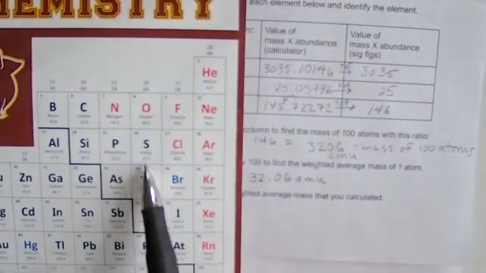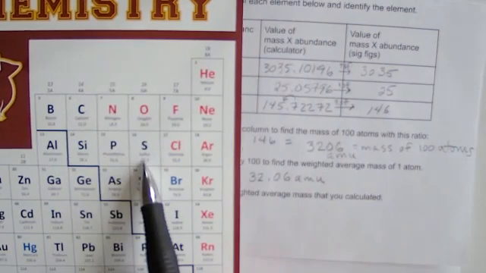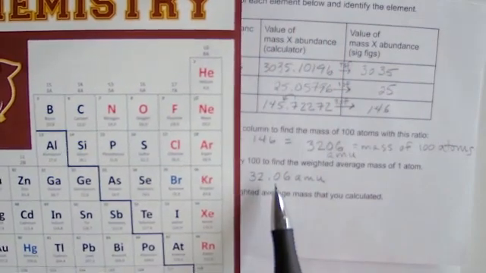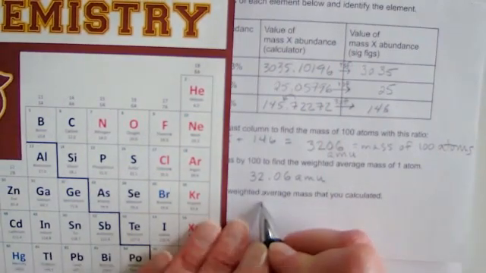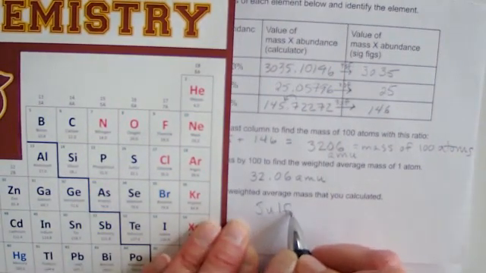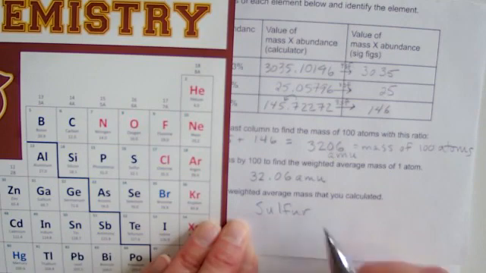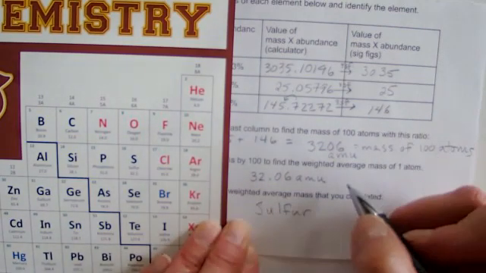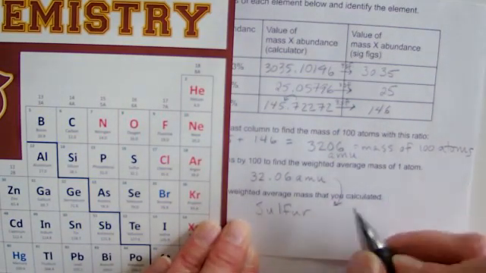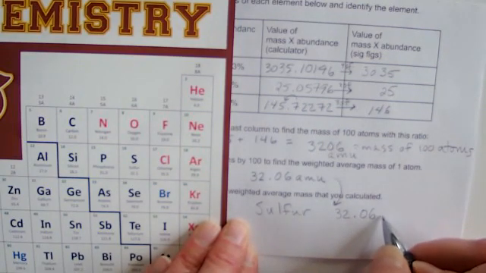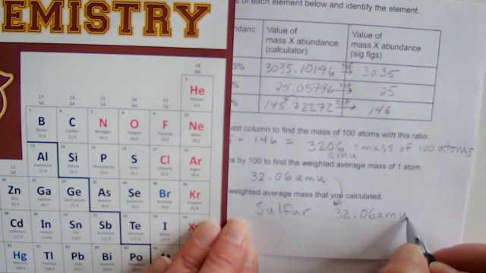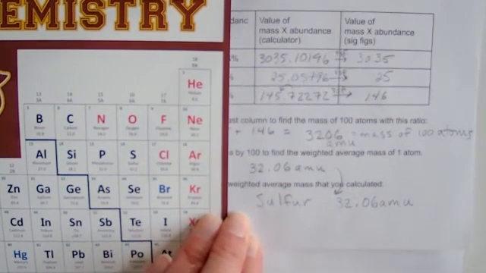The 32.1 that is sulfur on this table is the closest value to this. So I would say that this is sulfur as the element, and that our calculated average weighted atomic mass with the data that we have is 32.06 AMUs.